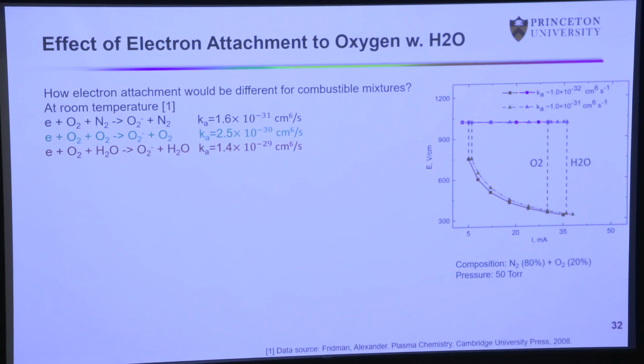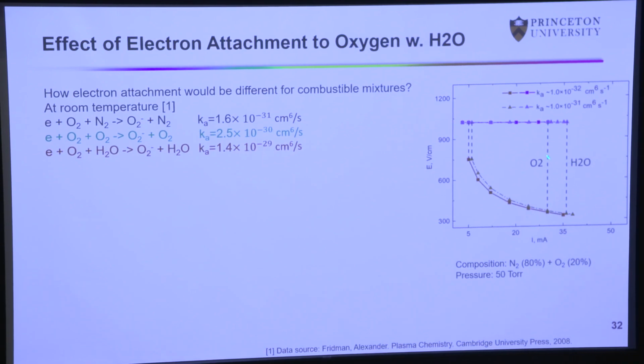So what does it mean? It means that if you have only oxygen, the instability happens around maybe 30, 31, 32. That is where the plasma becomes unstable.